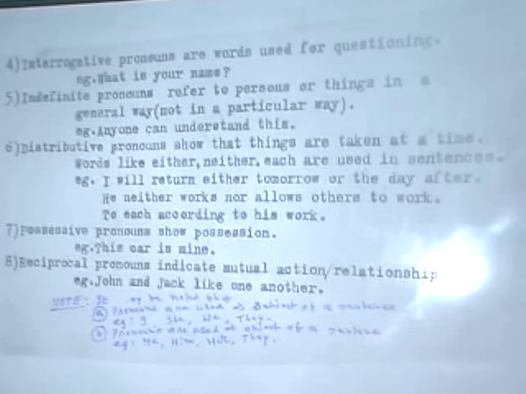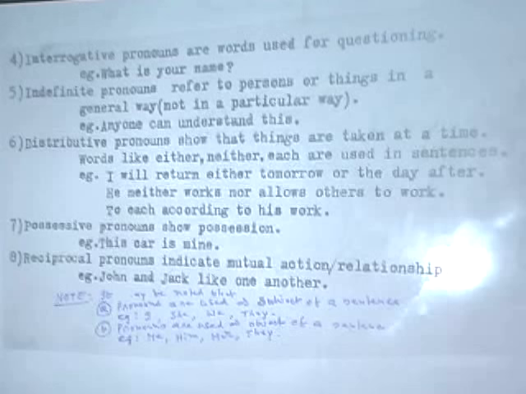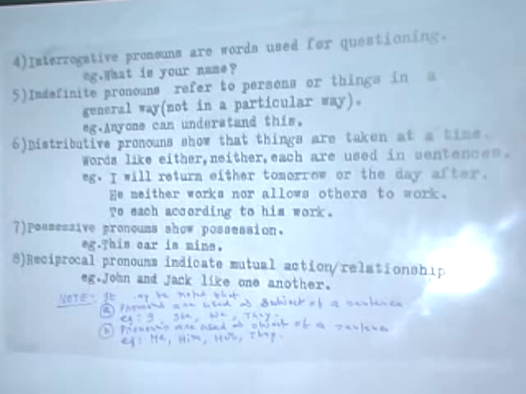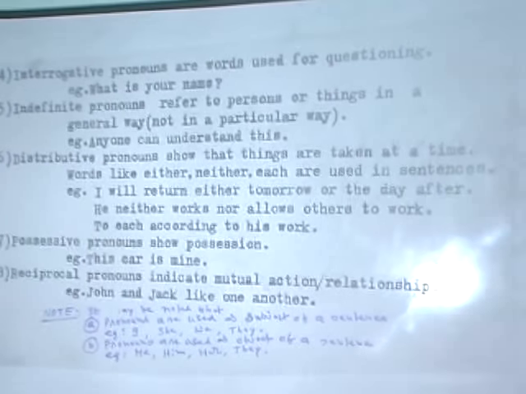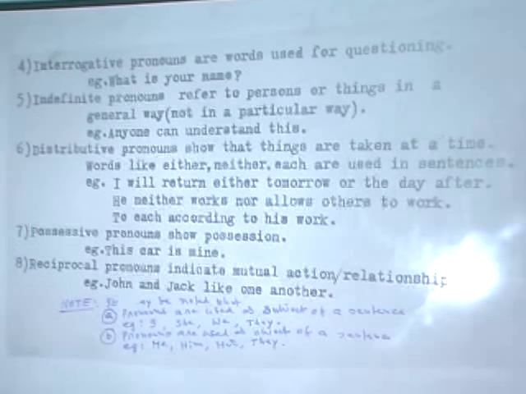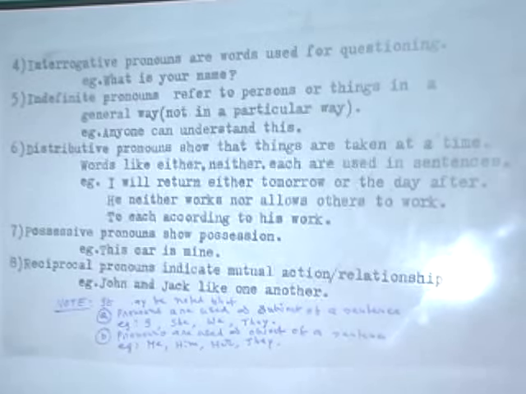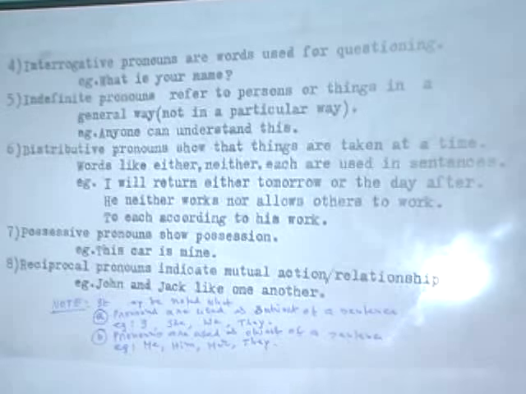Possessive pronouns show possession, as in this car is mine. Reciprocal pronouns indicate mutual actions or relationship, as in John and Jane like one another.